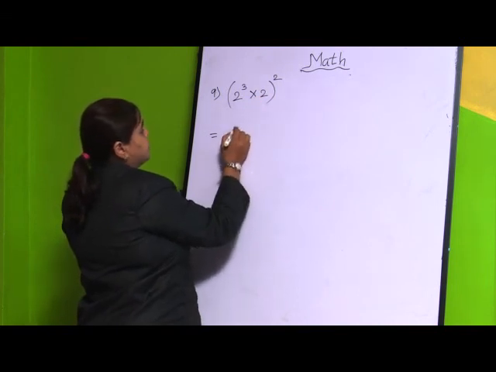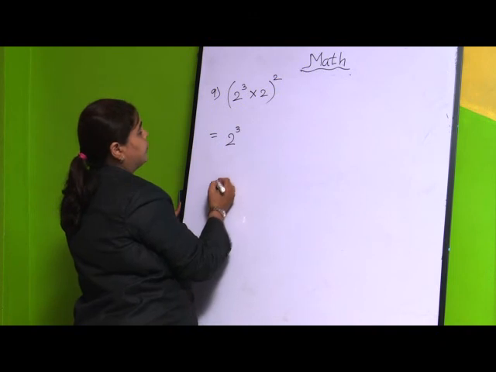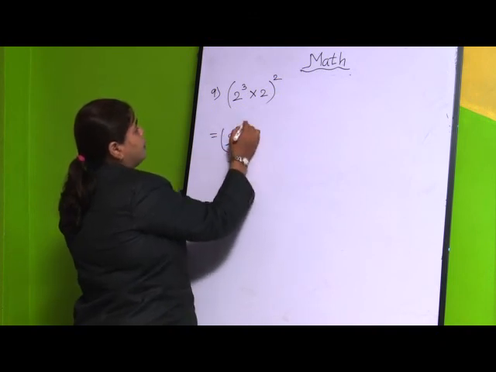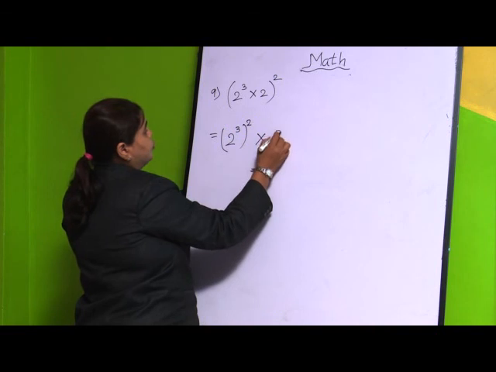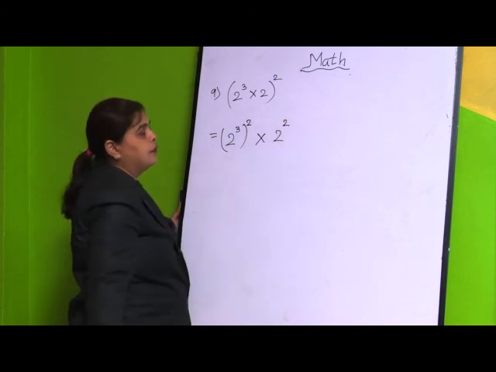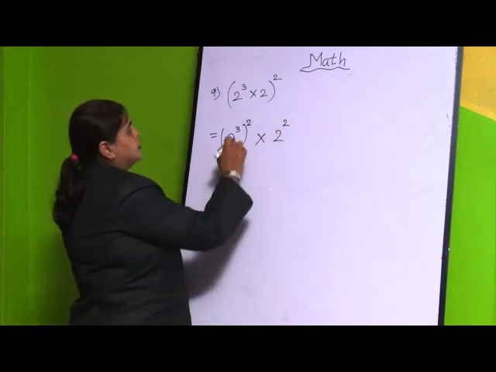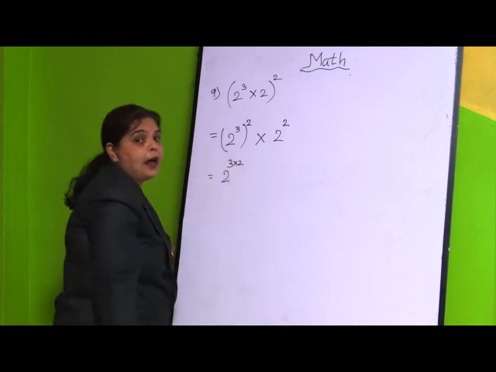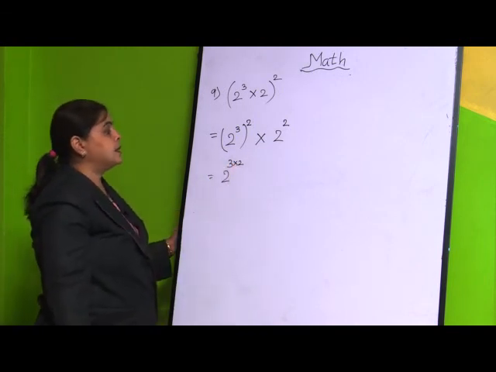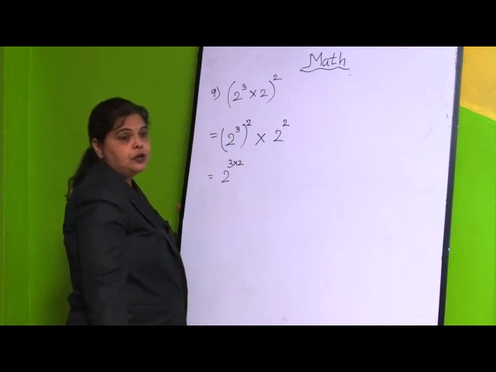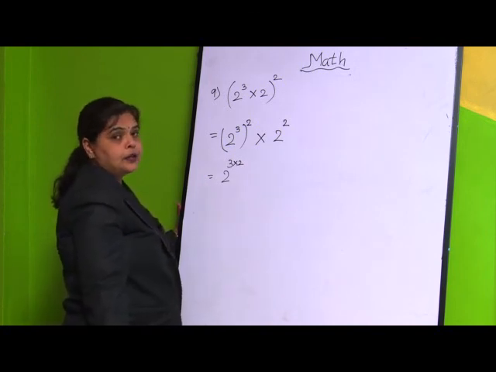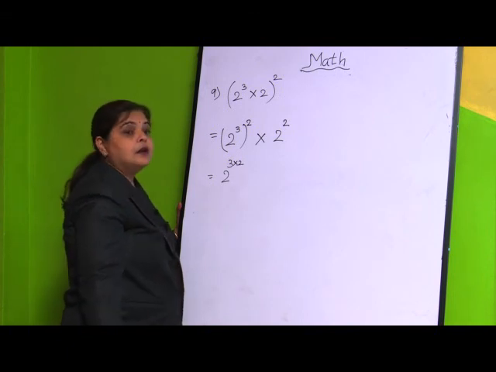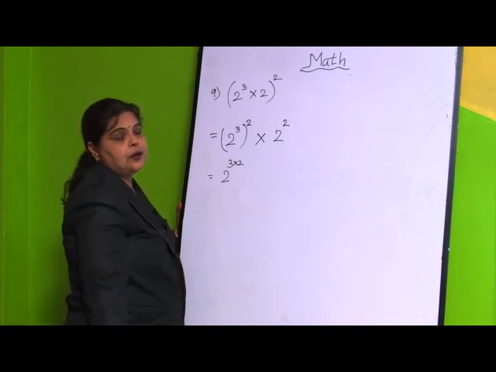So, what we will write here: 2 raised to the power of 3, or 2 cube, to the 2, into 2 to the power of 2, that is 2 square. Now it is power to the power, and you know that we have to multiply. When the bases are same, we do the addition in the numerator, and when it is a denominator or division, when bases are same, we do the subtraction.